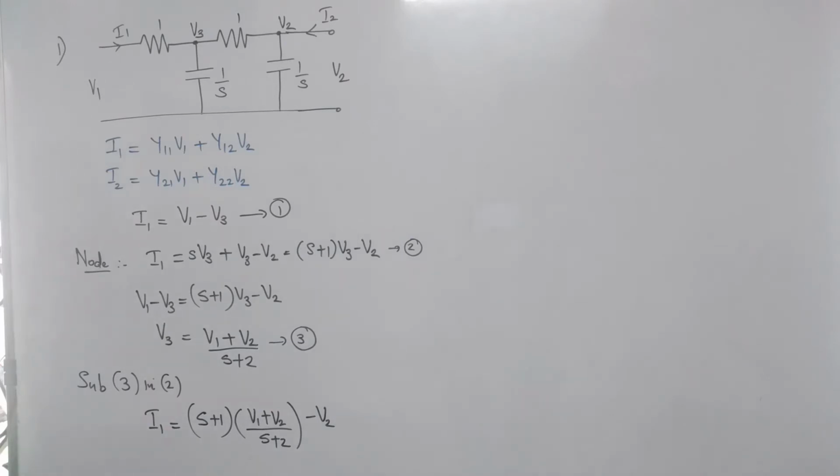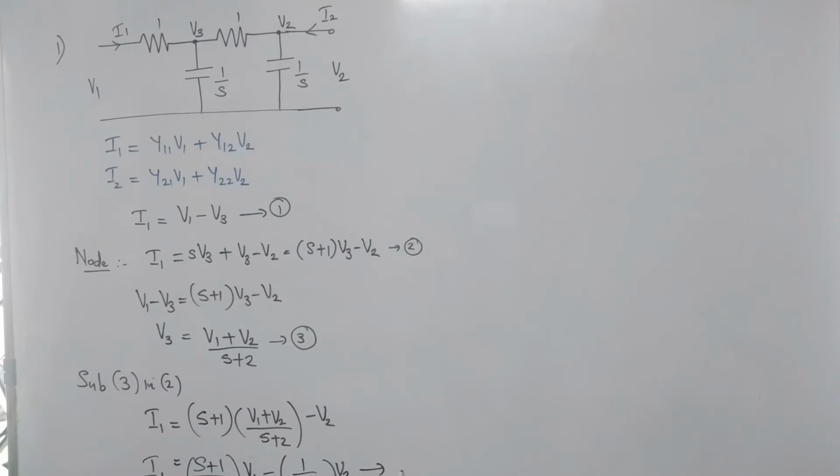On simplification, we get this as S plus 1 by S plus 2 into V1 minus 1 by S plus 2 V2.